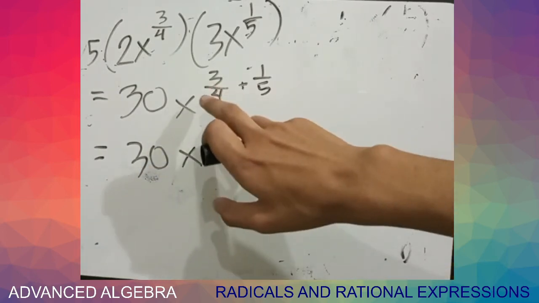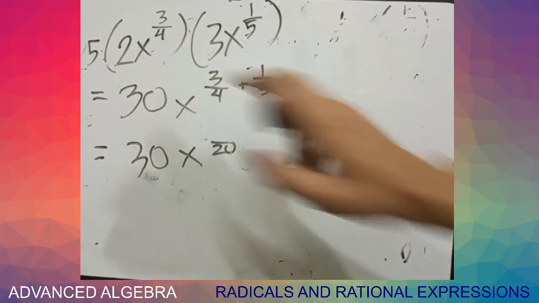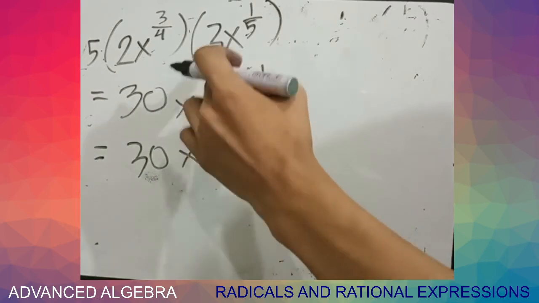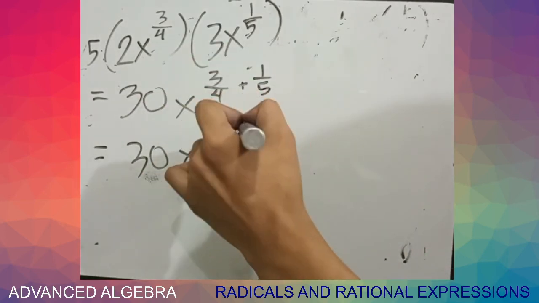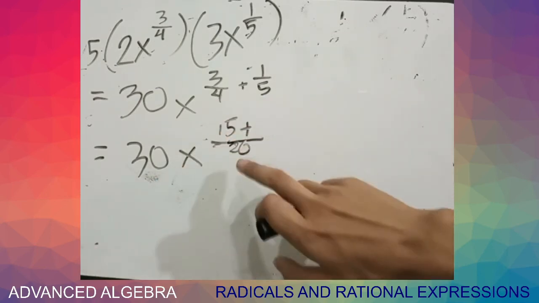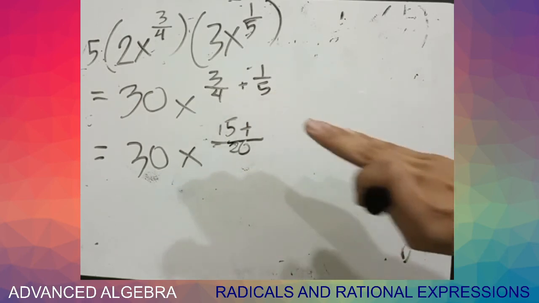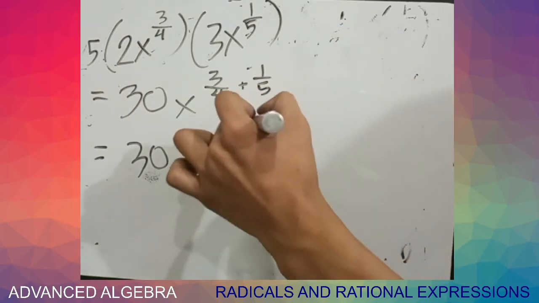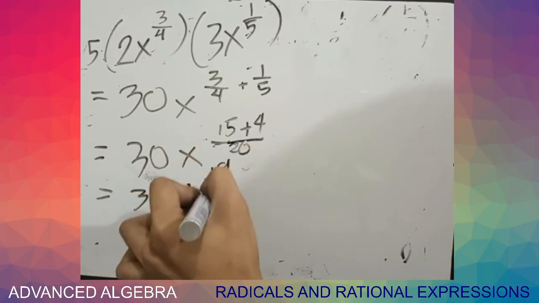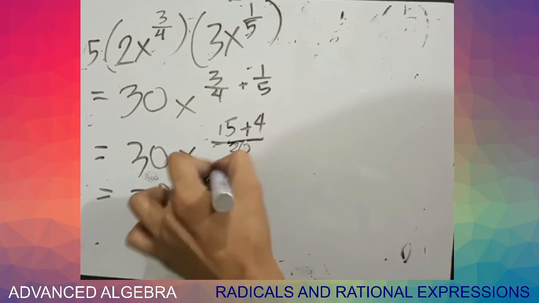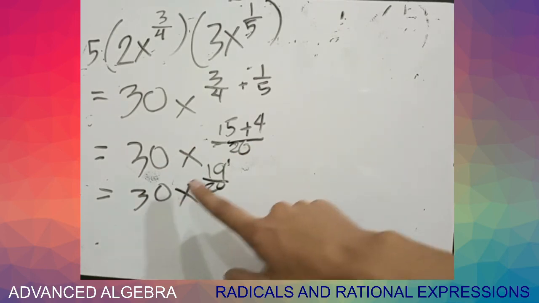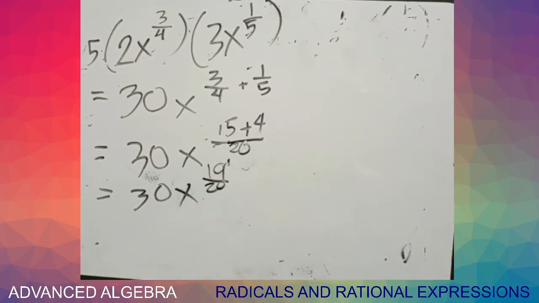So, 20 divided by 4 is 5 times 3 is 15. Okay, plus. Adjust natin yung 20. 20 divided by 5, 4 times 1 is 4. So, magiging 30 x 19 over 20. Okay. So, yun ang sagot. 30x raised to 19 over 20 power.